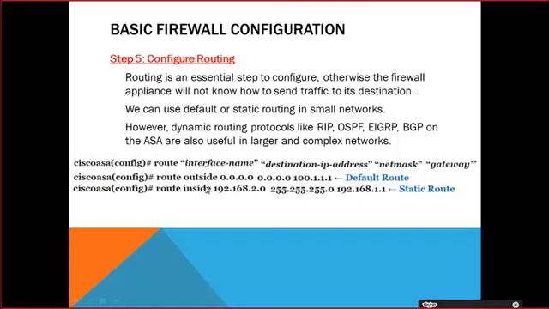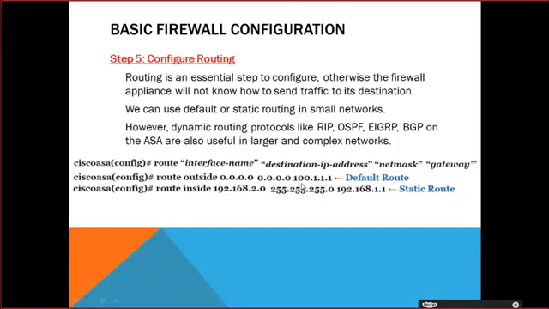This is the syntax for a default route on an ASA. So this means anything from anywhere? No. Any unknown network, whatever the subnet mask may be, needs to go to this gateway address.